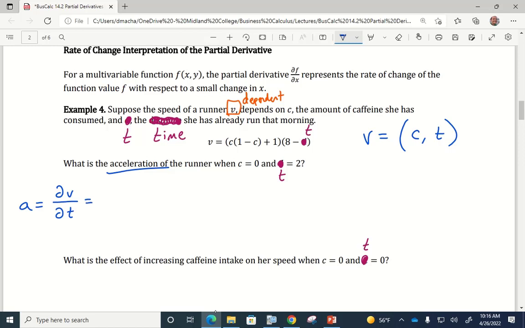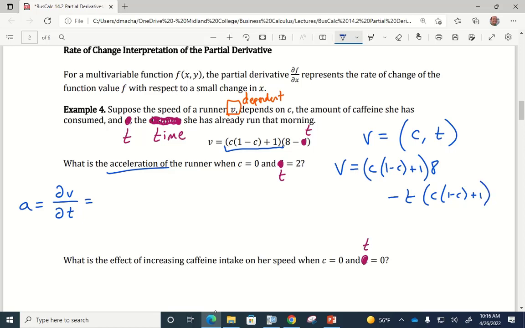And this velocity function over here, if I distribute this big chunk to 8 and I distribute that big chunk to the negative t, I'm just going to simplify this by multiplying it out. What I would get is c times 1 minus c plus 1 all times 8, and then minus that t times c times 1 minus c plus 1.